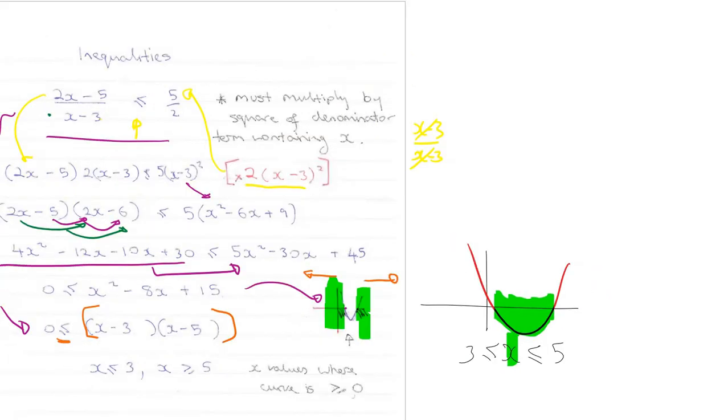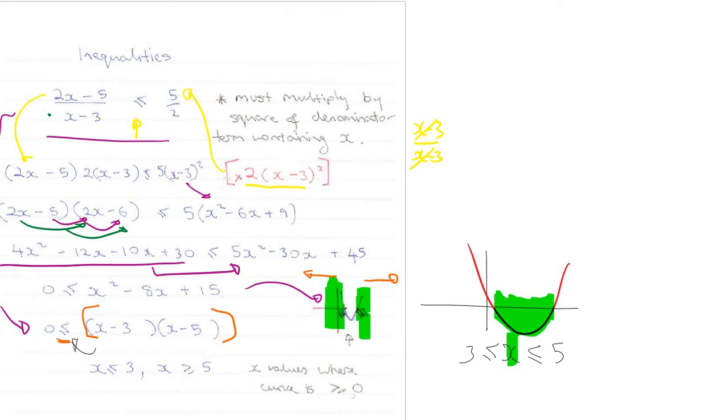But in this actual question, we're looking for the values of x where the curve is greater than 0, so the curve is greater than 0 where x is less than 3 and x is greater than 5. So that is my solution set. The values 3 and 5 are called our critical values.